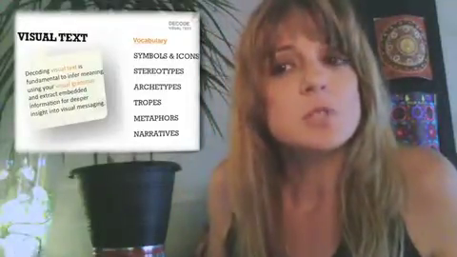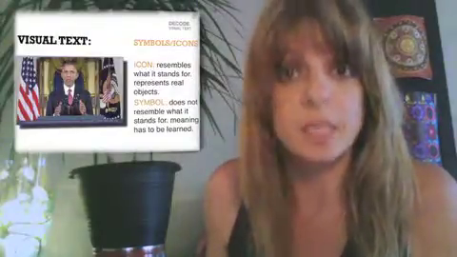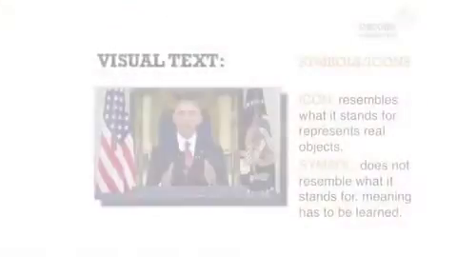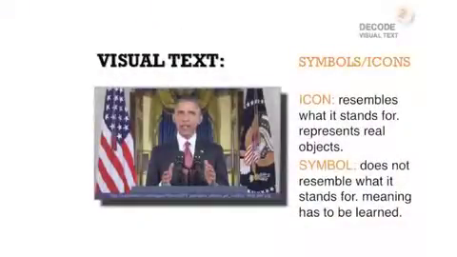So let's talk about the difference between an icon and a symbol. An icon represents what it actually stands for because it's a real object, whereas a symbol doesn't represent what it stands for at all, and the meaning has to be learned. So this photo is an iconic photo, meaning it resembles what it stands for.